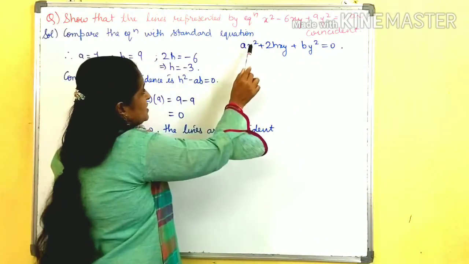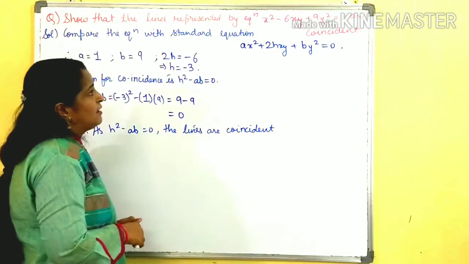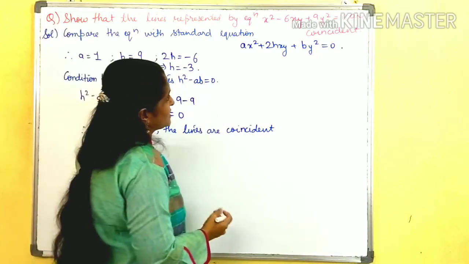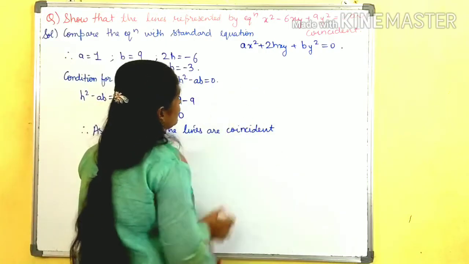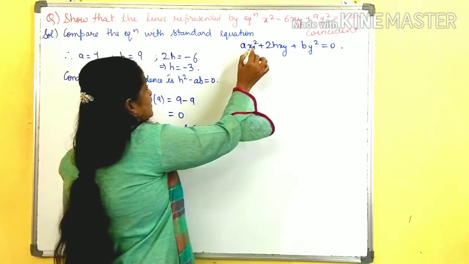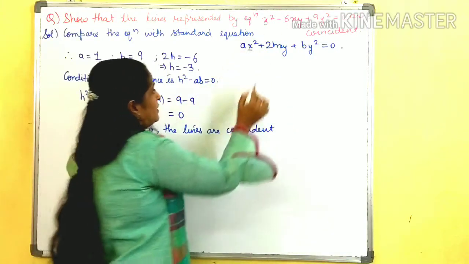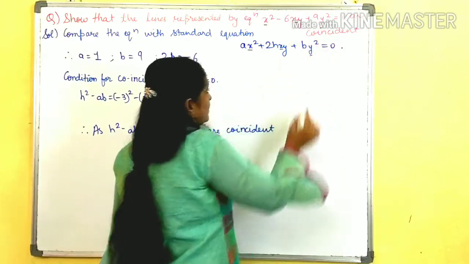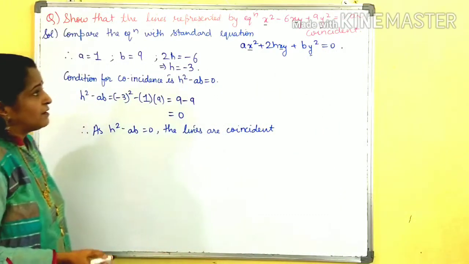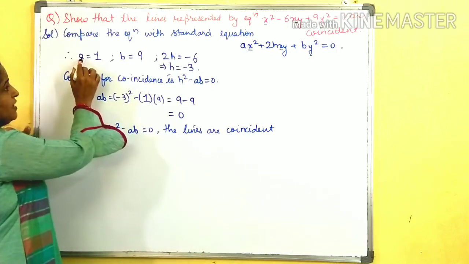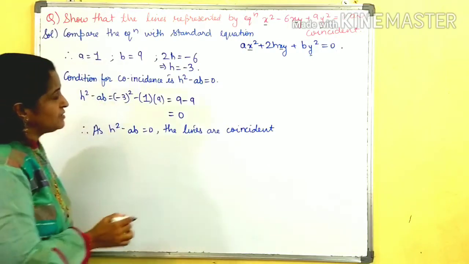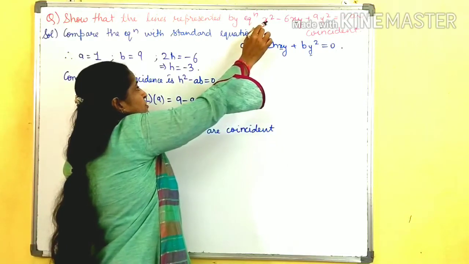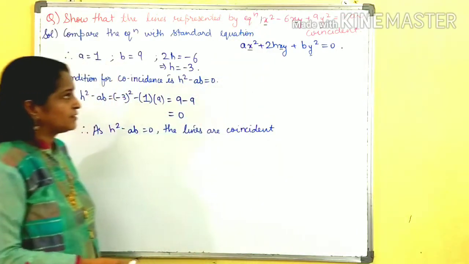Compare these two equations, then we get coefficient of x square, then coefficient of xy and then coefficient of y square. So we get a is equal to 1. That means here coefficient of x square is a, so coefficient of x square is 1.